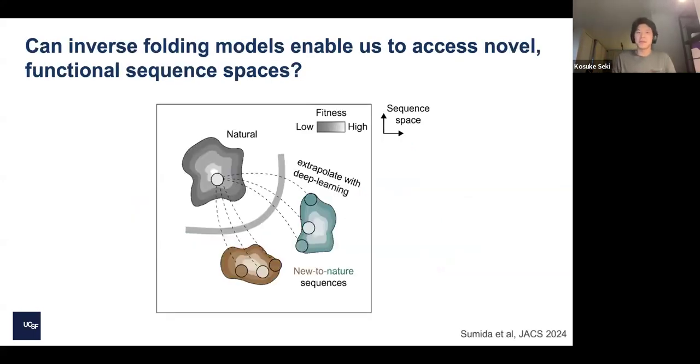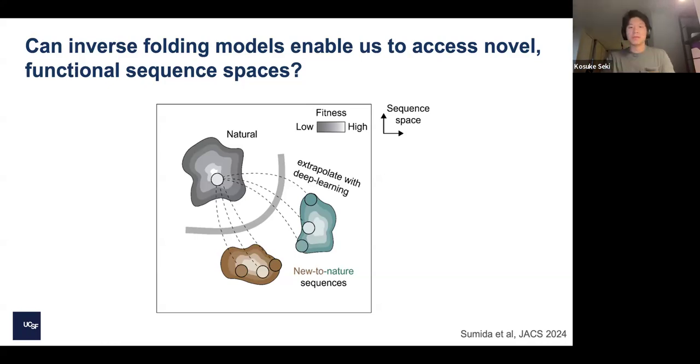Going back to this figure, the specific question we're interested in is: can we use these types of inverse folding models, going from structure to sequence, to access new parts of sequence space, and then measure those to understand what the sequence-function landscape looks like for a given protein kinase?